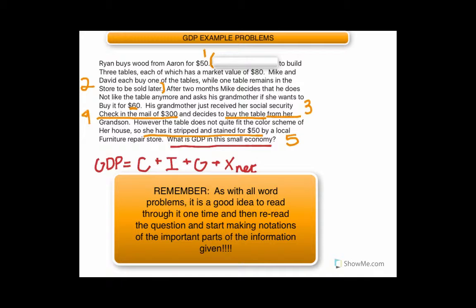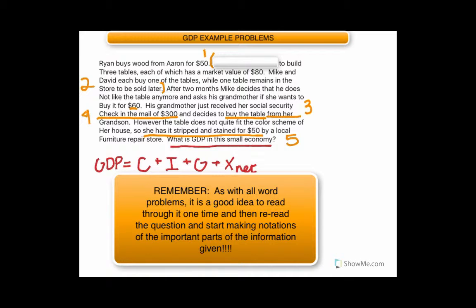So we have 5 different exchanges happening here. 1 with the buying of wood, 2 with the making of tables and selling of tables, 3 with the buying of the table when Mike's grandmother buys it, 4 when Mike's grandmother receives her Social Security check, and 5 when the table is sent away to be stripped and stained.